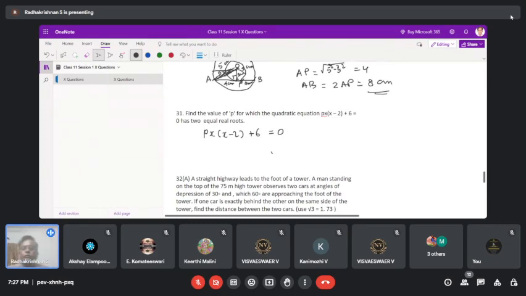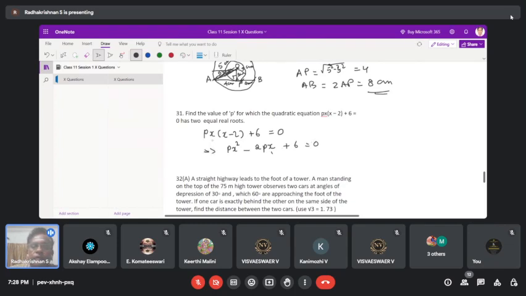First of all, if there is a problem like this, you have to write it in the standard form. What is standard form? Ax square plus bx plus c equal to 0. So bring it to that form. So px square minus 2px plus 6 equal to 0.